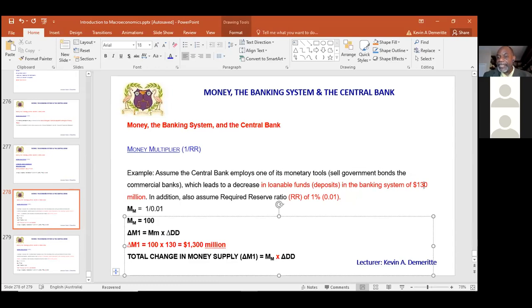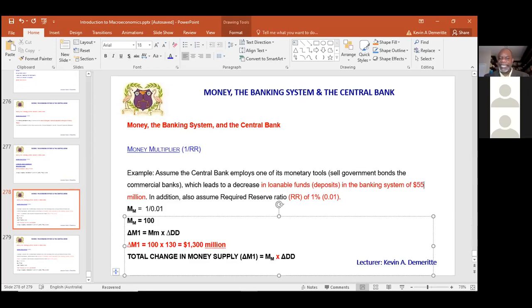And let's say that decrease in loanable funds was 55 million. Whatever the central bank did, when it sells these government bonds to commercial banks, the banks paid for these bonds with cash out of their bank accounts that the central bank is holding. The result is that banks have less money to lend out.